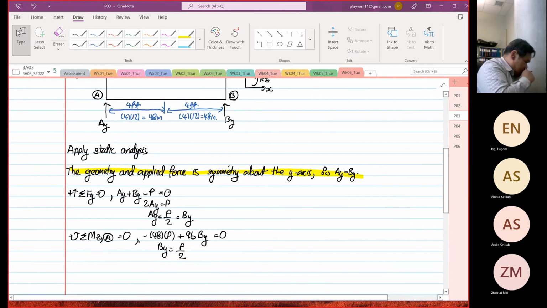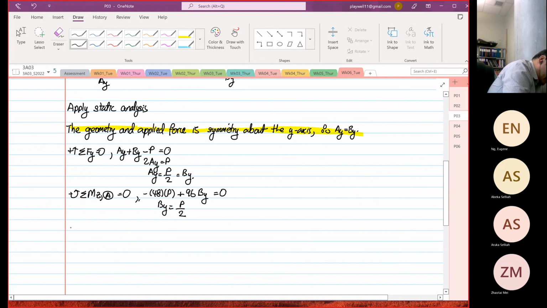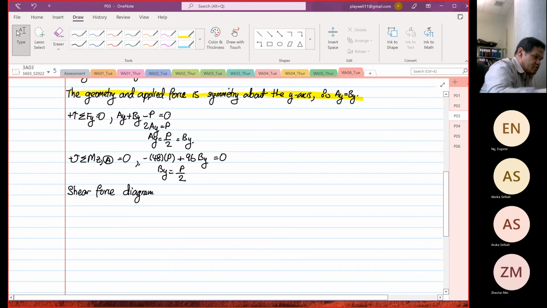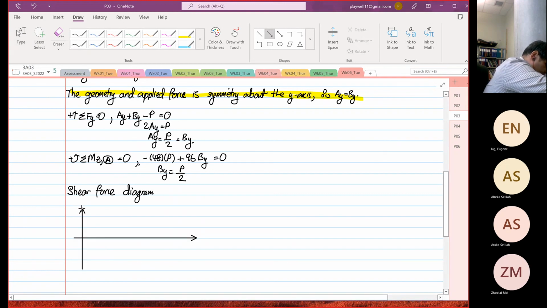Now the next thing we're going to do is construct our shear force diagram. This is really straightforward. We have our axis. This is our x, this is our shear force.